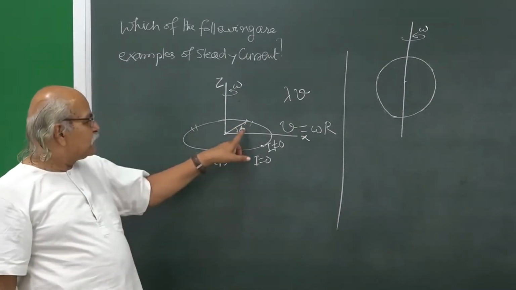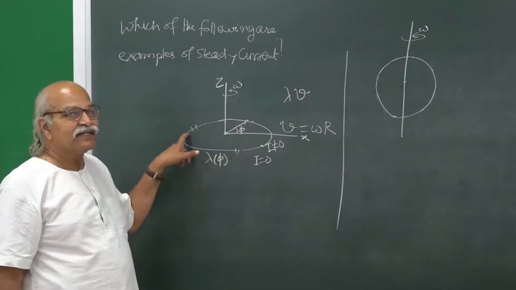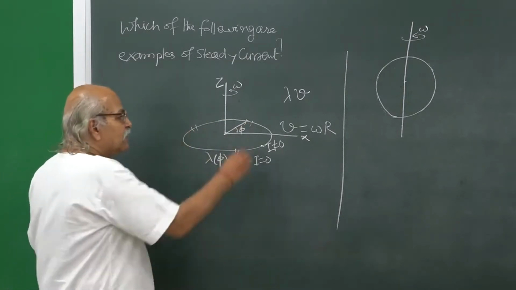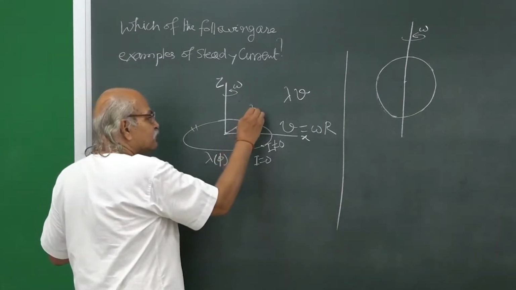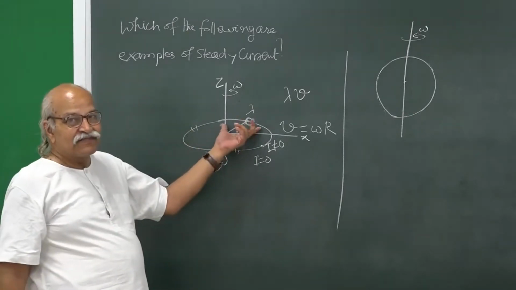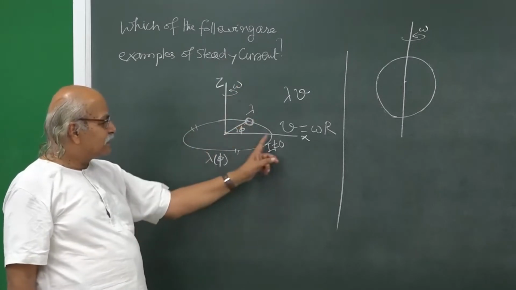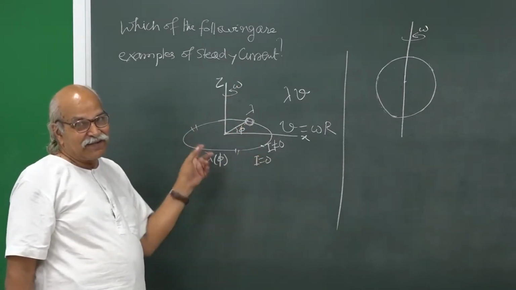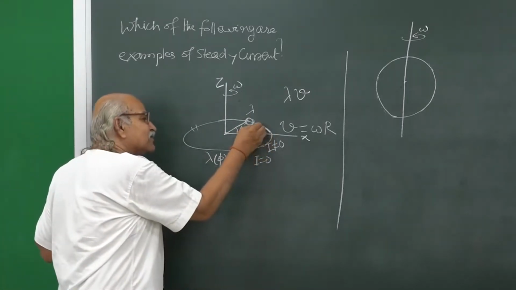So, this lambda depends on phi, lambda is different here, lambda is different here, lambda is different here. So, if I look at this point, let us say here, there is some lambda, which depends on this angle. Now, what happens? The ring rotates about this axis. So, the placing remains at its own place, it is rotating, but then this portion will come here.